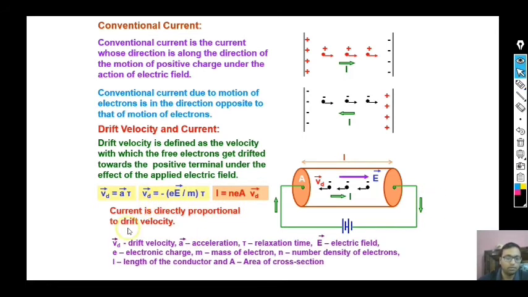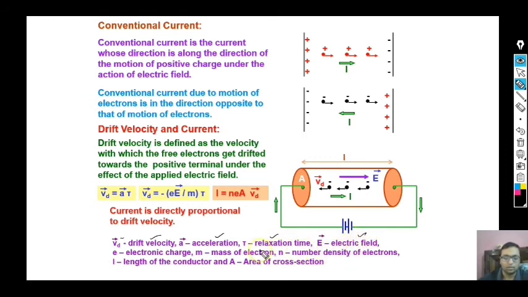In this formula, we can understand the meaning of these symbols: vd denotes drift velocity, a denotes acceleration, tau denotes relaxation time, and capital E is the electric field.